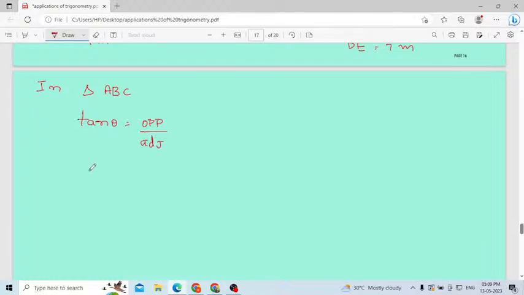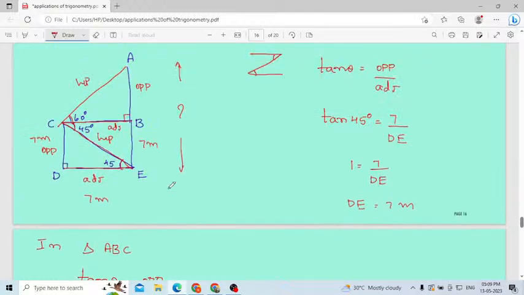Tan 60 degrees is equal to opposite over adjacent. Opposite we don't know, write it as AB. Adjacent value we calculated. If this one is 7 meter, this also is 7 meter. This one will be like a perfect square.